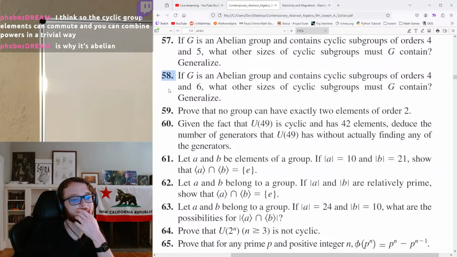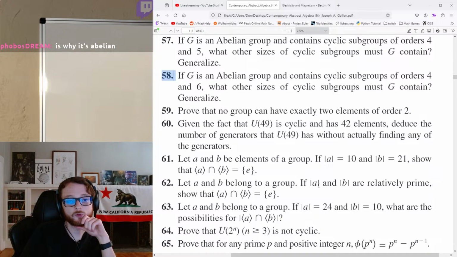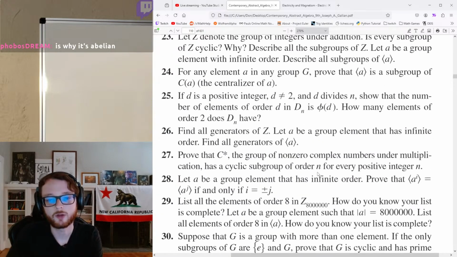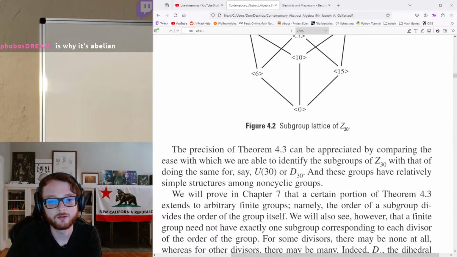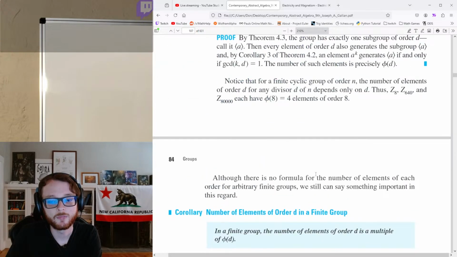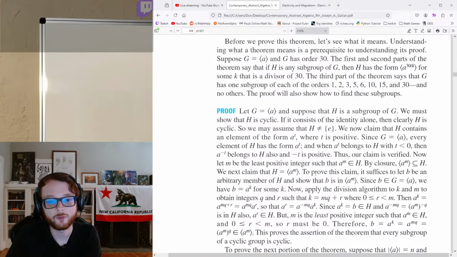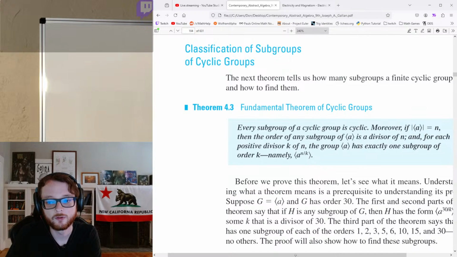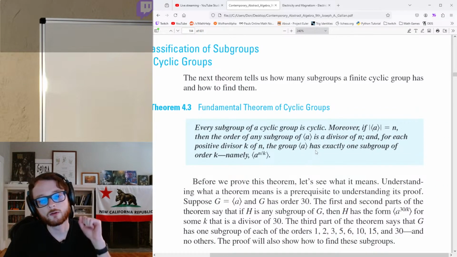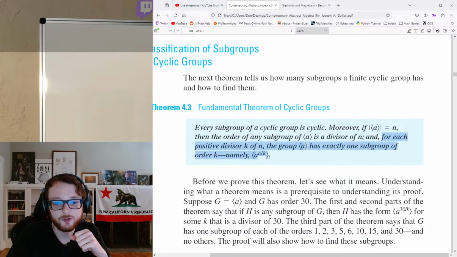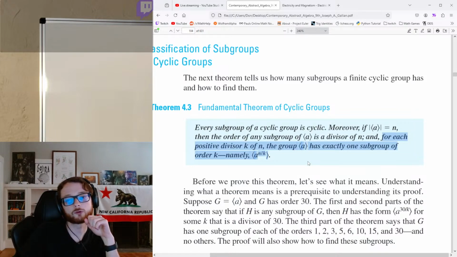They can commute, you can combine powers in a trivial way, is why it's abelian. I feel like the thing that I'm thinking of doesn't even rely on that. Maybe there's more that you can say if it is abelian. Maybe it's going to be the fundamental theorem. For each positive divisor k of n, the group A has exactly one subgroup of order k, namely a to the n over k.